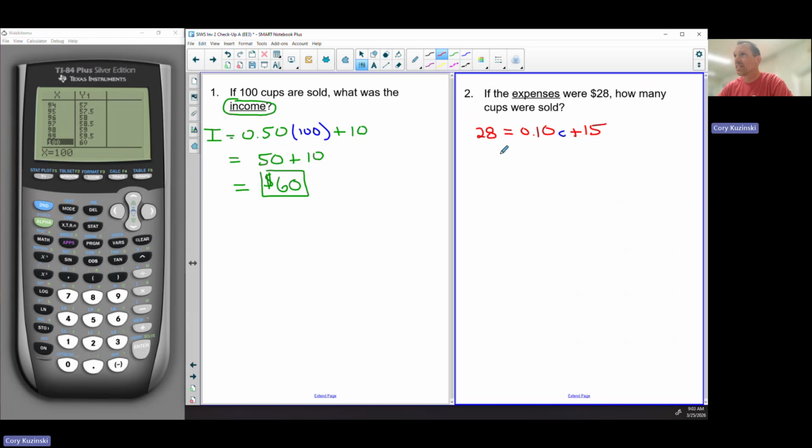All right, so let's subtract $15 from both sides. That would mean that our expenses were $13 after our initial $15 worth of expenses. And then let's divide both sides by 0.1.